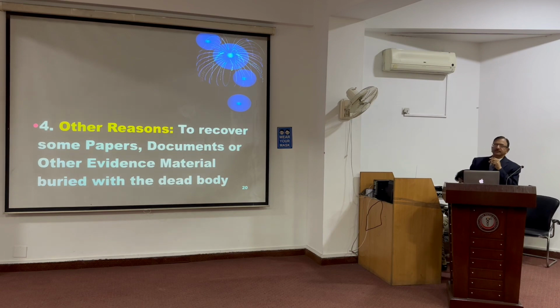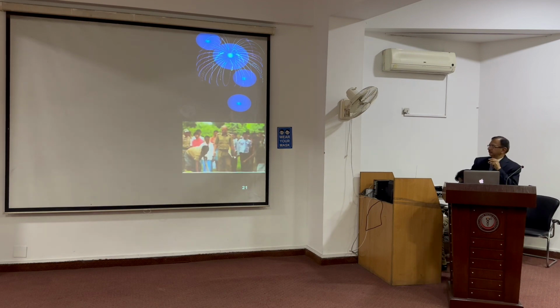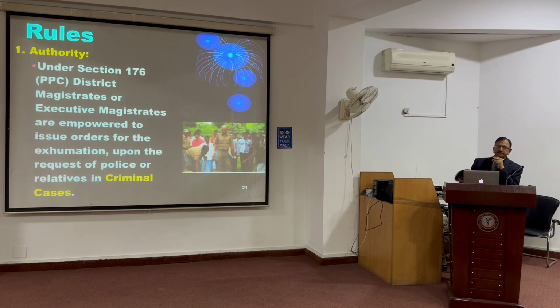Other reasons: sometimes searching for papers, documents, or any other article or material which has been buried along with the dead body, which has to be recovered. Now the rules and authority, as we discussed, are under section 176.